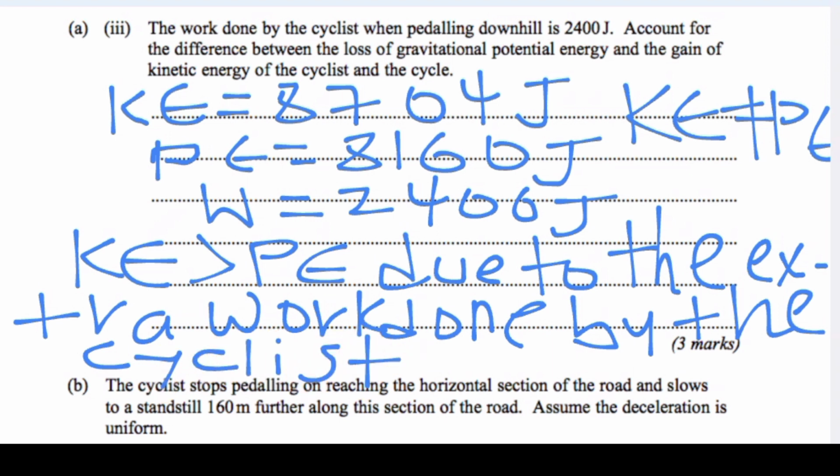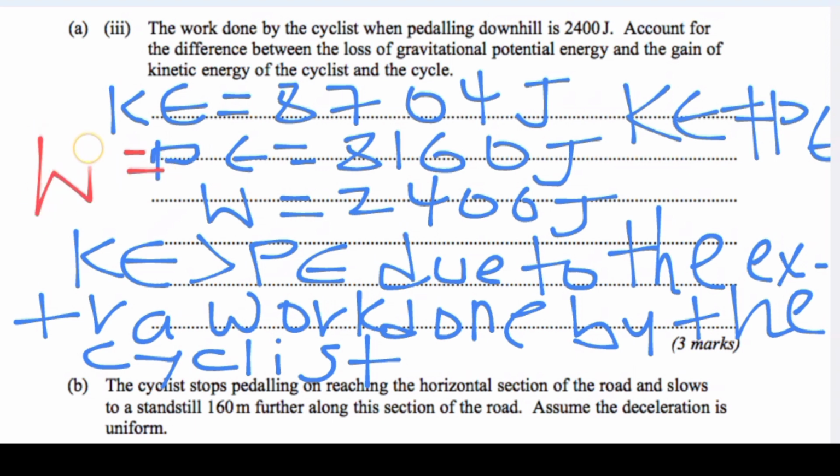But he's doing some work, so it is due to the extra work done by the cyclist. Alright, there is a loss of energy due to friction, right? The cycle is making sound probably, and there is also friction, so there is loss of energy.